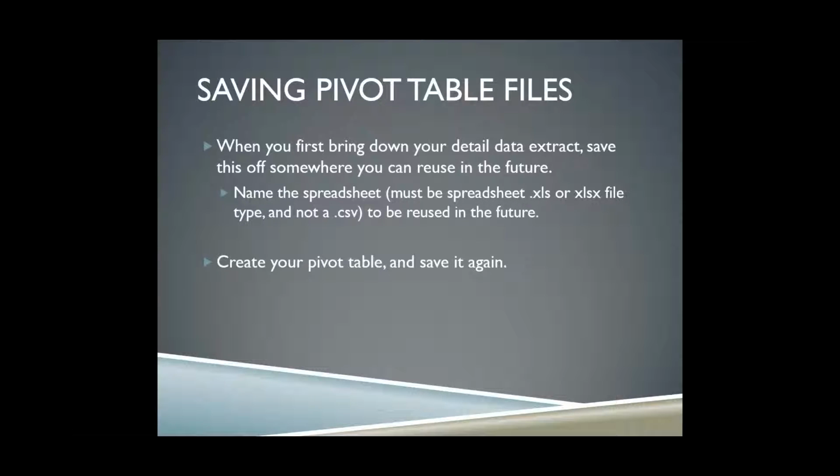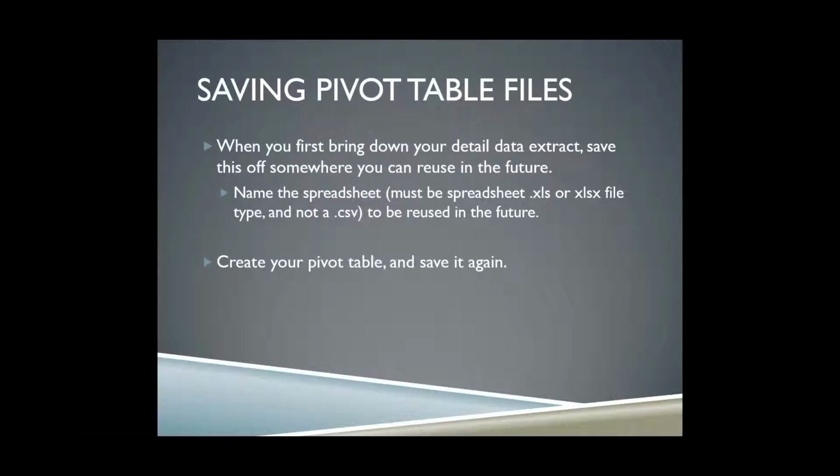I think all those two differences mean is that Excel 2010 and above uses a different file type, and older versions use the older one. But either way, you need to make sure it's created as a spreadsheet. Once you do that, when you create your tab for your pivot table, it will be saved.